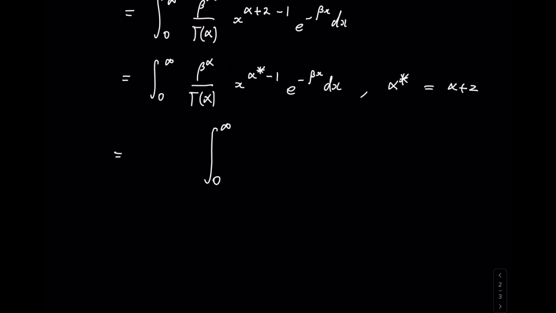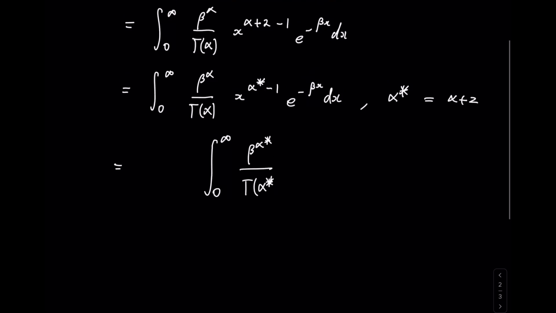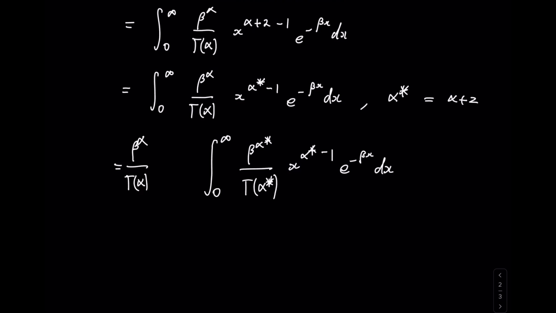So again, that'll need to be beta to the alpha star on gamma of alpha star, x to the alpha star minus 1, e to the negative beta x dx. And again, we've still got our beta to the alpha on gamma of alpha, multiplied by, in this case, again, gamma of alpha star on beta to the alpha star.